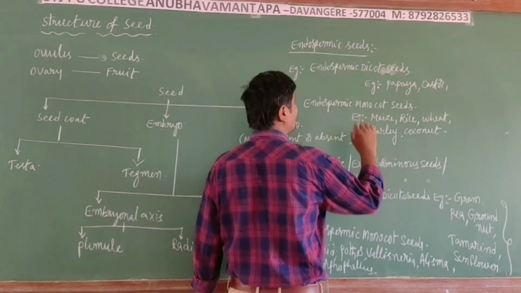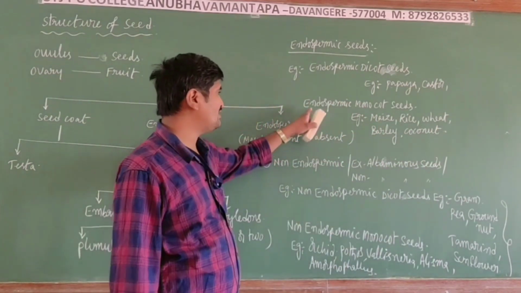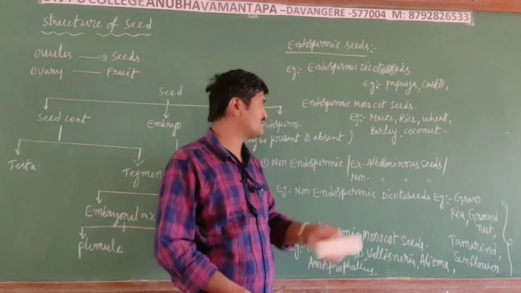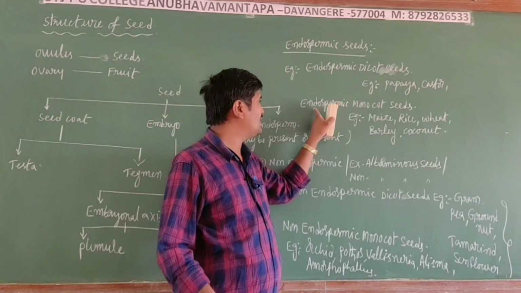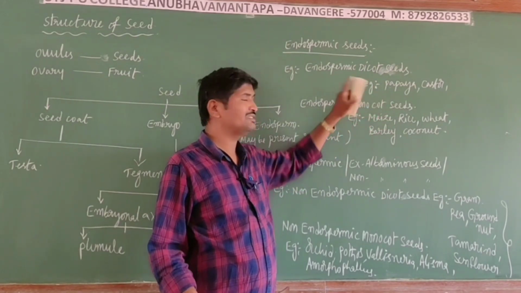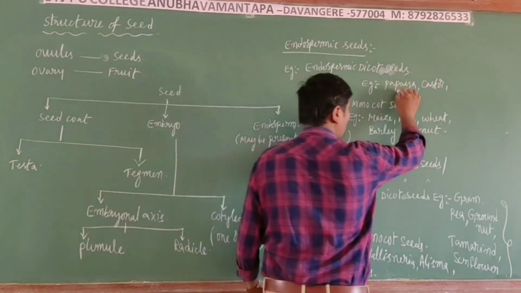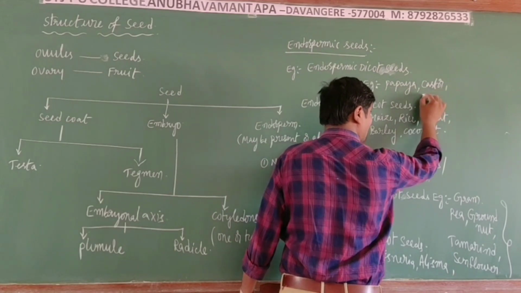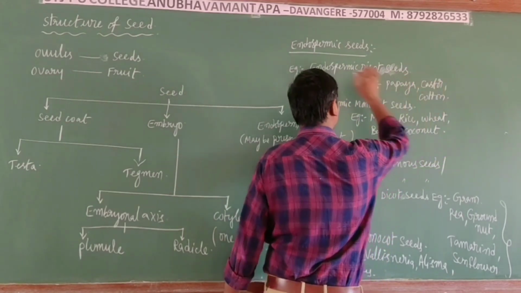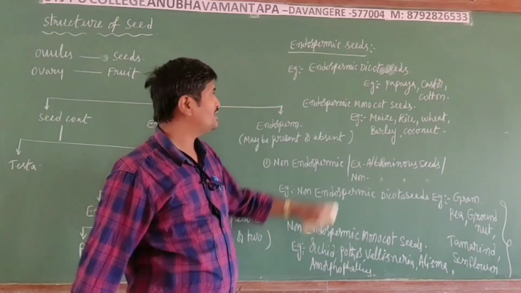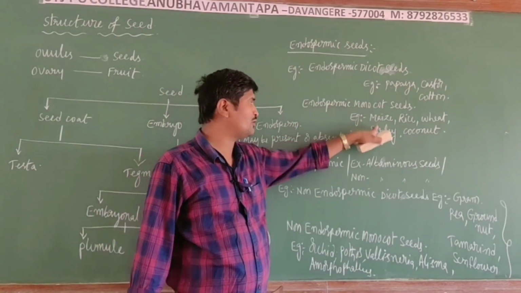Okay, so these are the examples of endospermic monocot seeds. So the endospermic dicot seeds and the endospermic monocot seeds, these are the best examples. Even papaya, castor and cotton also. These are three examples of endospermic dicot seeds.